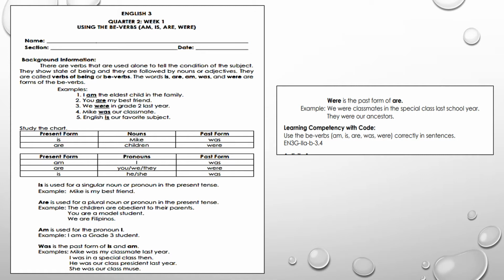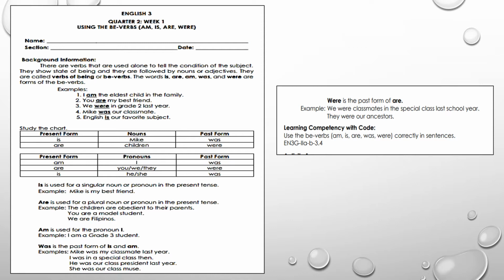So sa Tagalog po, lahat ng napag-uusapan sa nakaraan, gagamitin mo ang was. Yan. So para masabi mo or magamit mo ang be verb sa nakaraan na pinag-uusapan or nangyari na, gamitin mo ang salitang was. At isa pa dito ay ang were.